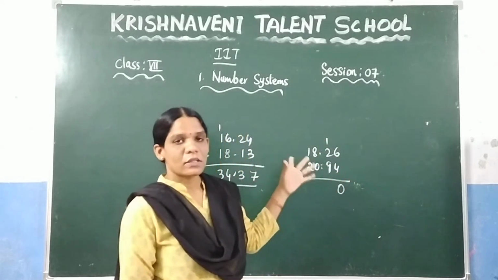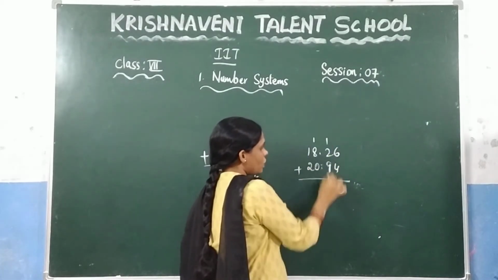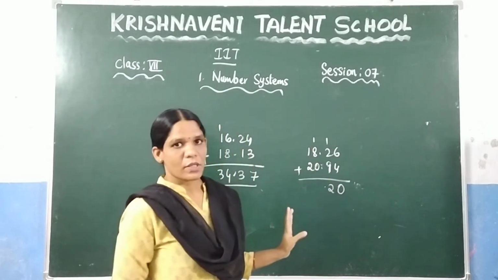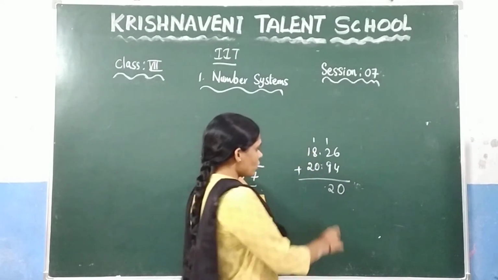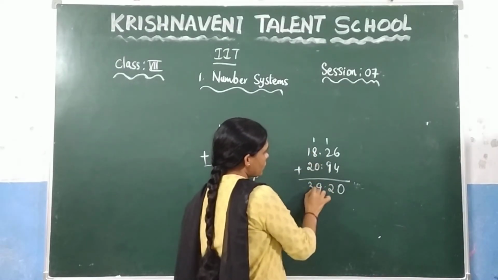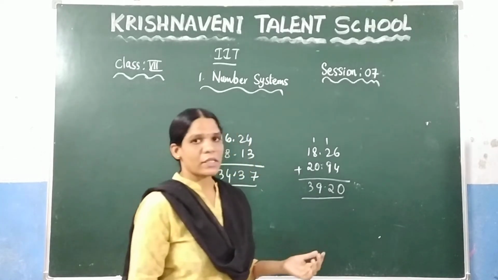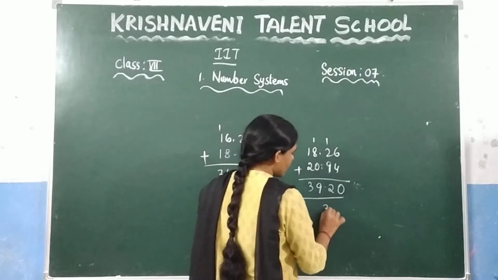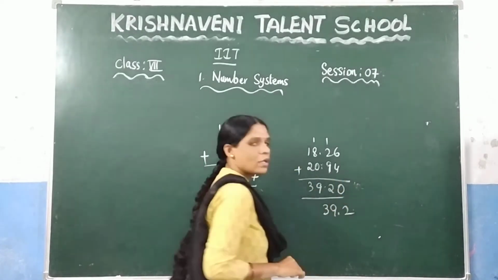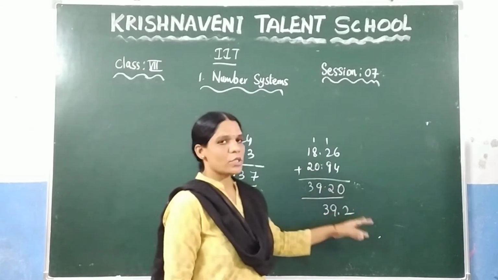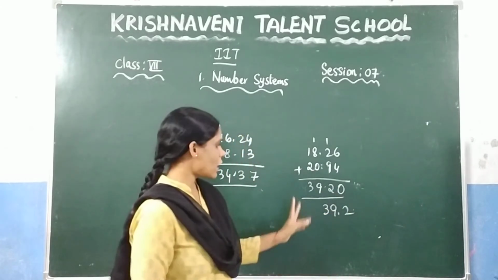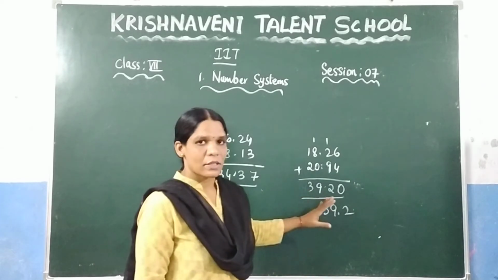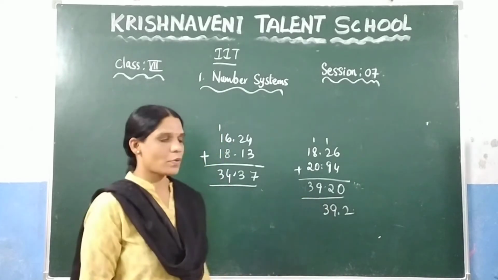Here you write 2 and carry 1. So here you get 8 plus 1 which is 9, and 2 plus 1 which is 3. So the answer is 39.20. You can write this as 39.2. Both are the same. If after the decimal point you have any 0 at the end, you can remove it and write like this. 39.20 is nothing but 39.2.